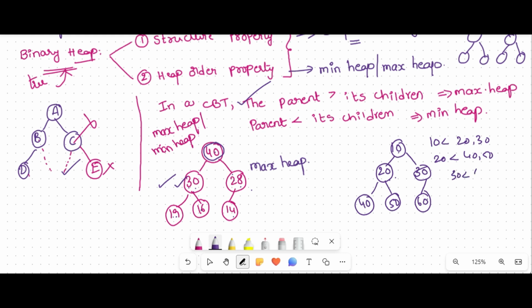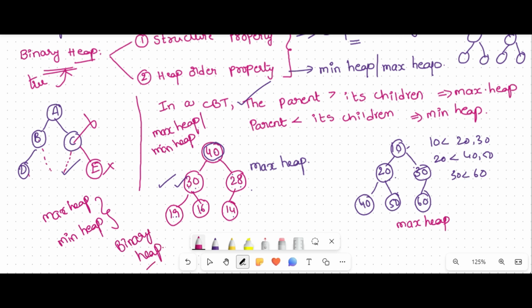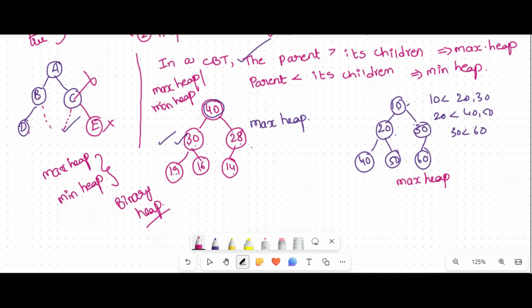Here 30 is less than 60. So the parent is less than its children. So what is this called? This is called a min heap. So if a tree is in the form of a max heap or a min heap, then it is called a binary heap.